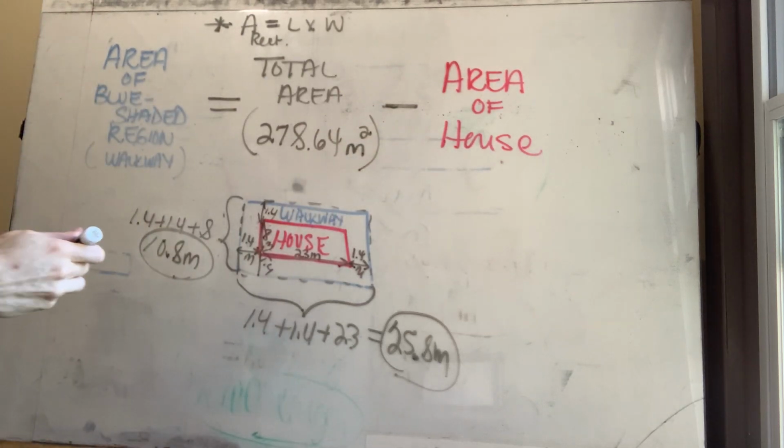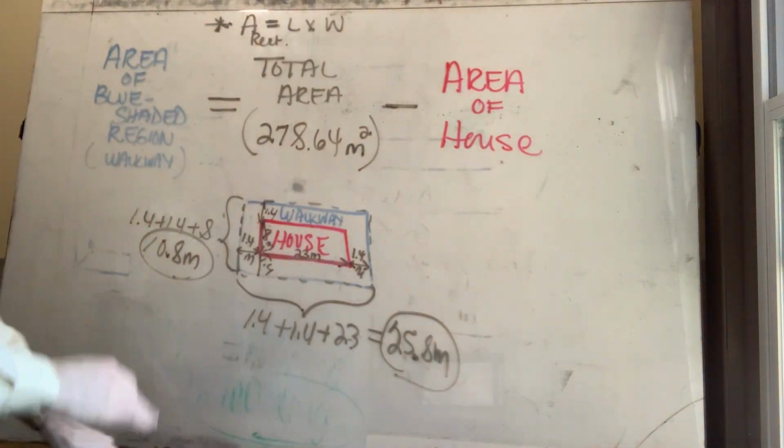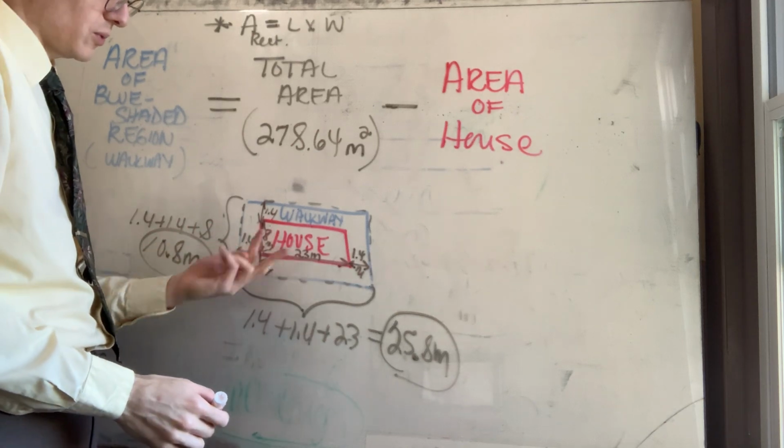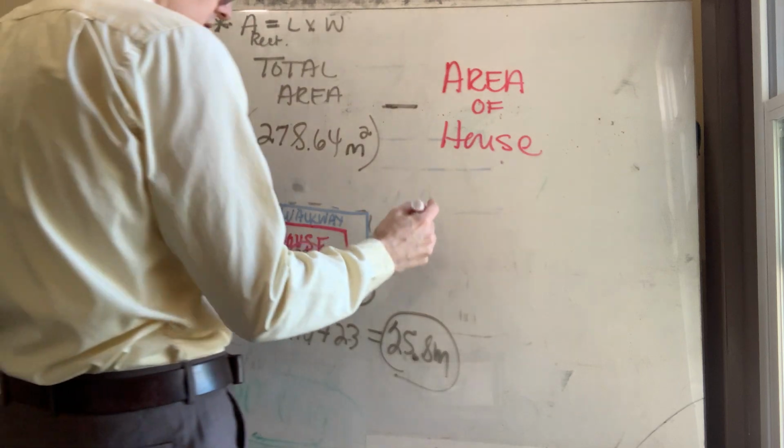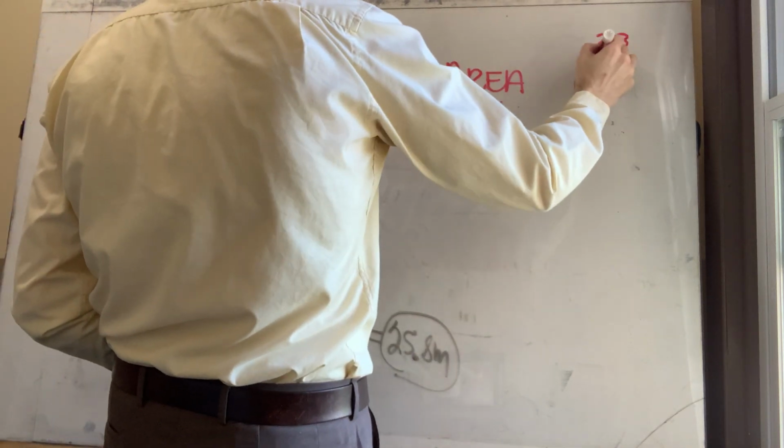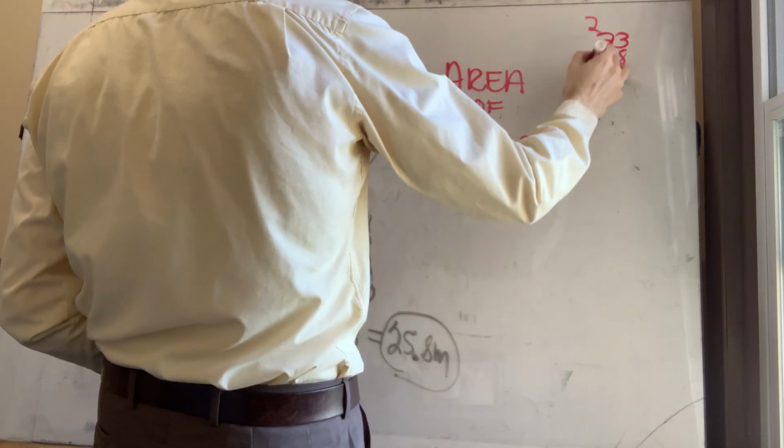The area of the house is much more straightforward, right? It's just 8 times 23. This dimension and this dimension, which was given to start with. What's 23 times 8? 184.